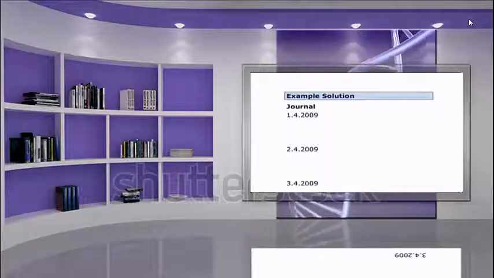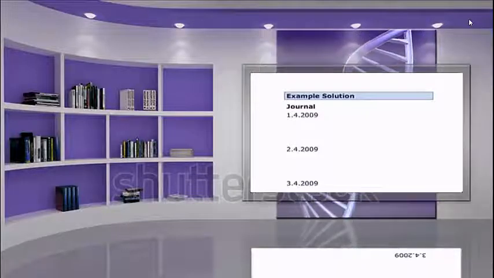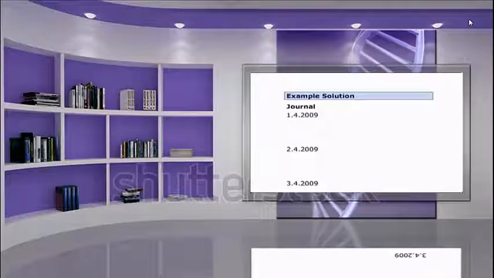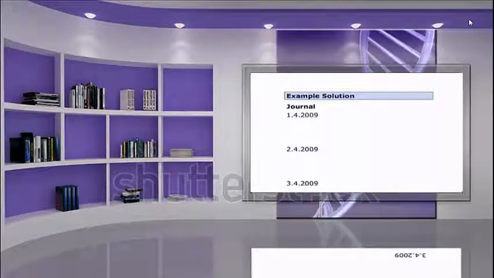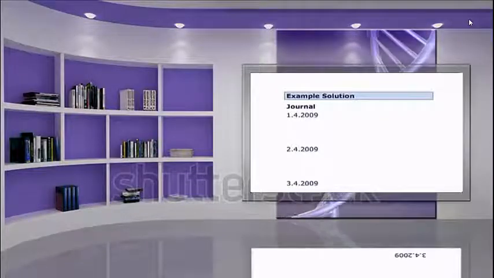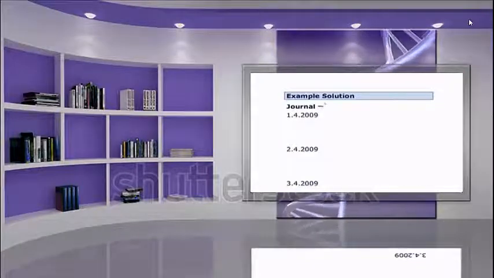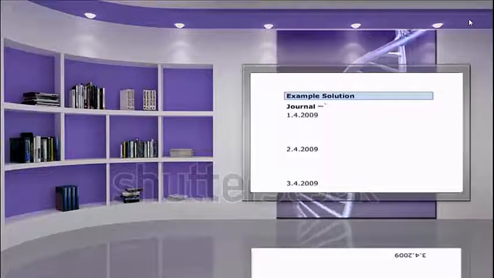Now what we can proceed to do is answer the question. Now, the first requirement said that we should prepare the journal entries for each transaction, recording that dual effect for George. So, what is our journal then? Well, a journal is a written instruction to the bookkeeper to update the ledger accounts.